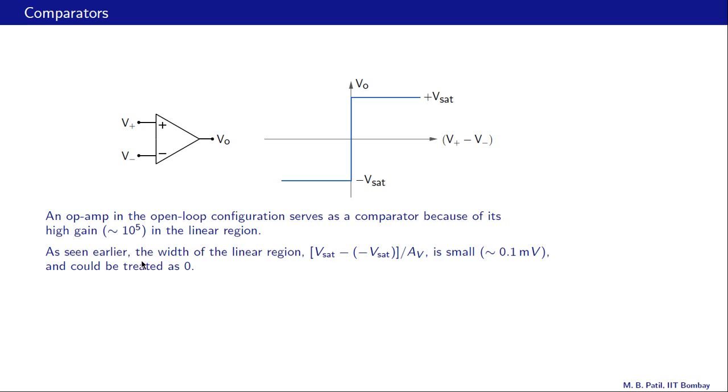As seen earlier, the width of the linear region, this width here, is Vsat minus minus Vsat divided by AV, and that is very small, something like 0.1 millivolts, and we can treat that as 0. So in short, if V plus is greater than V minus, we can say that VO is plus Vsat, and otherwise VO is equal to minus Vsat.